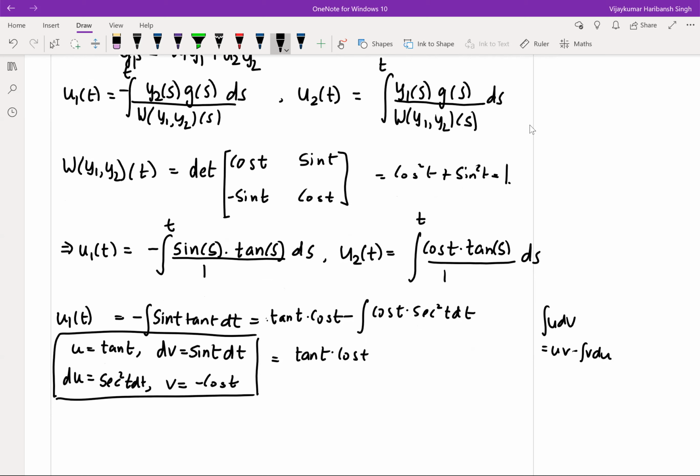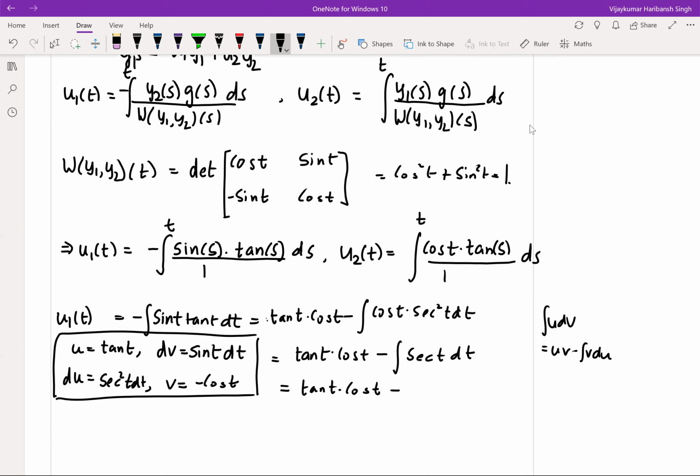So we got minus tan t cos t plus the integral of cos t times secant squared t, and because cos and secant multiply to give you 1, secant t is left out, so secant t dt.